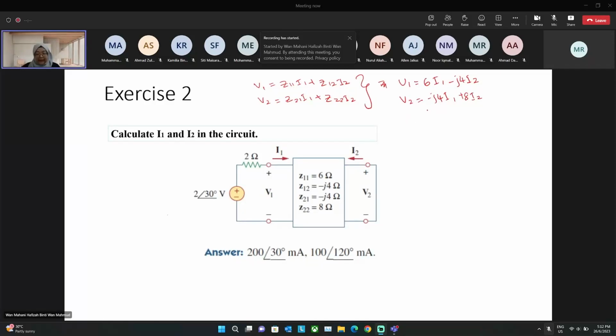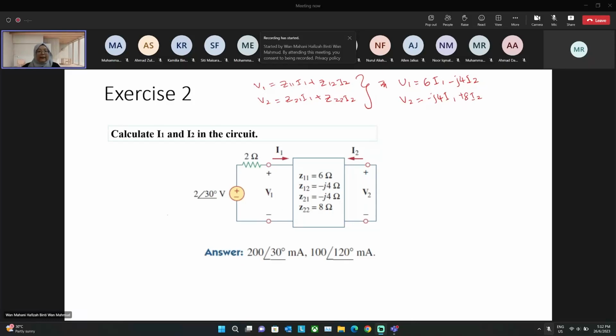Cuma bila kita nak selesaikan simultaneous equation, which is unknown kita cuma perlu ada dua. Sekarang ni unknown kita ada 4, which is I1, I2, V1 and V2. So we have to find equation untuk V1 and V2 as well. For this case, you tengok sebelah-sebelah lah satu-satu. Okay, for example, V1. V1 is over here. The polarity plus minus atas bawah, right before kita punya network yang kat dalam ni.